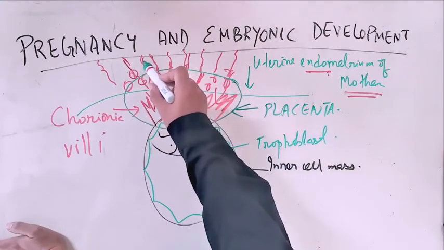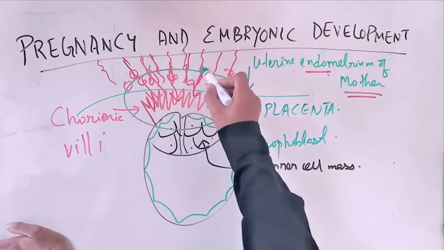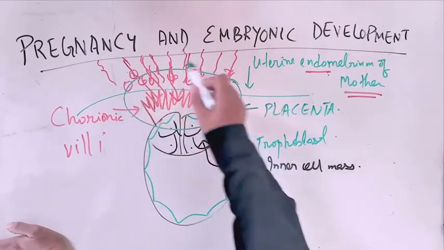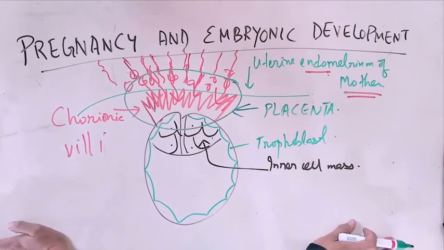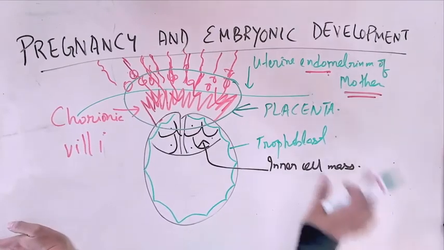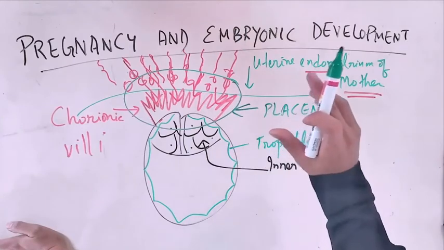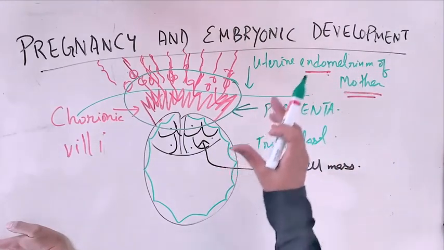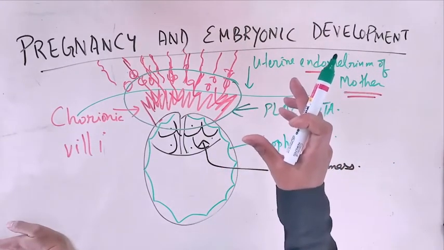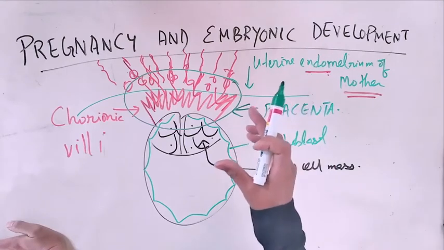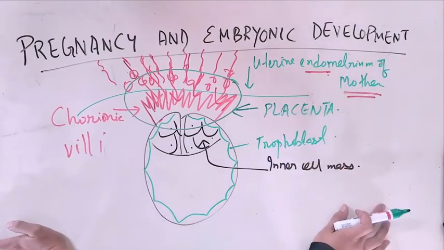In the endometrium, the blood vessels will become bigger and bigger, and then they interdigitate and join with the maternal body, so that the developing embryo can get nutrients and oxygen and remove the waste materials.